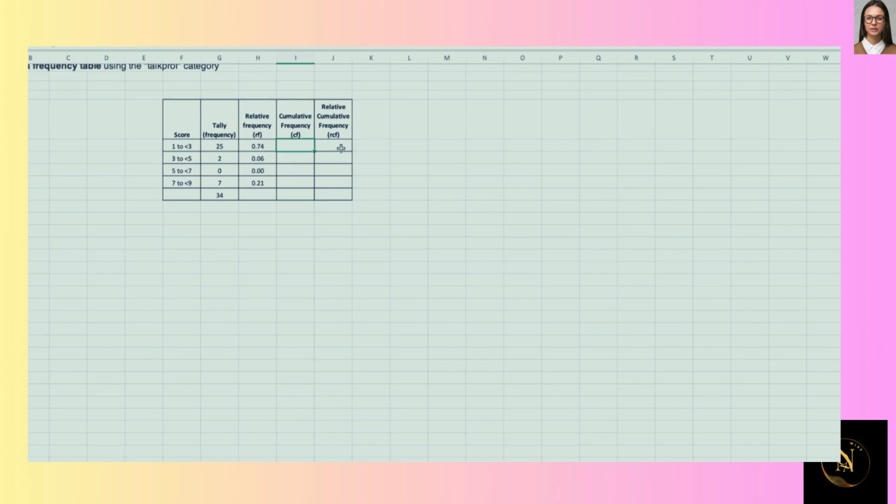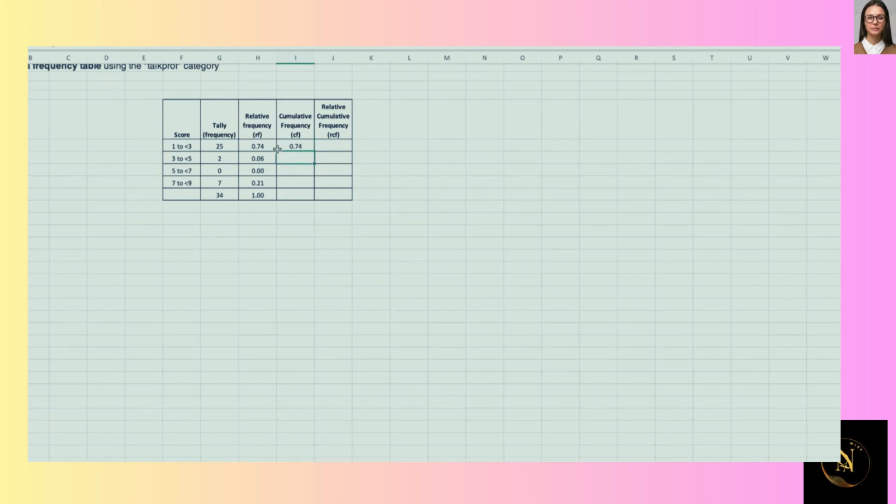Then my cumulative frequency, if I add up all of these numbers, I'm going to get 1. So 0.74 plus 0.06 plus 0.0 plus 0.21 is 1. Then I'm going to take my cumulative frequency, which equals my first relative frequency.